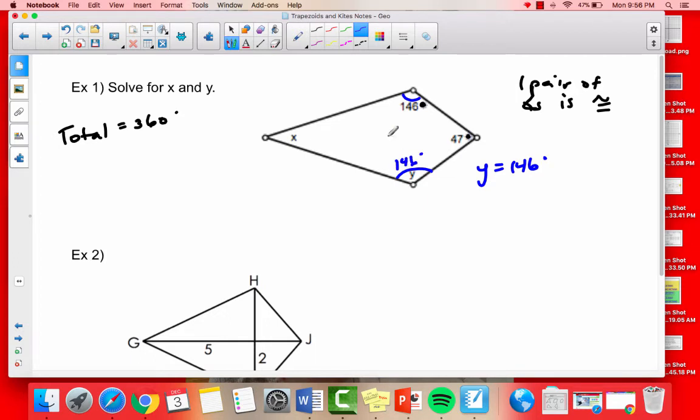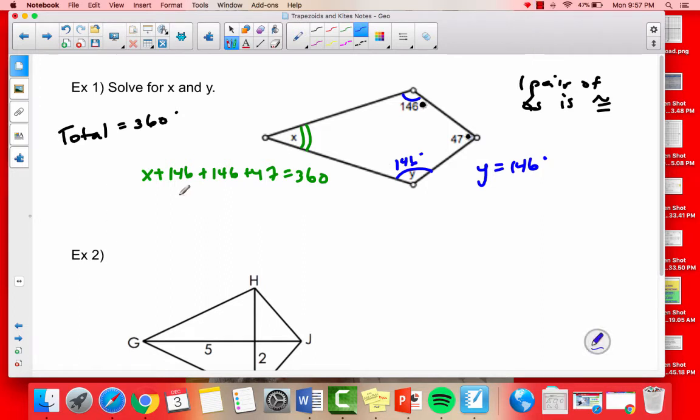And that means we can use these in order to solve for x. So we're going to look for this angle here, and I'm just going to set up an equation. We'd have x plus 146 plus 146 plus 47 is equal to 360.